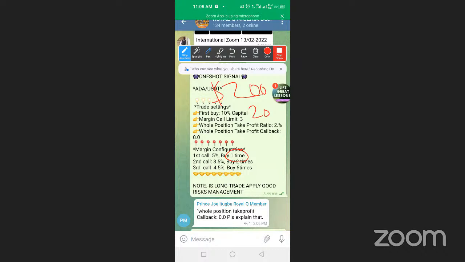Then it dropped 5%, it buys another $20. It dropped 3.5, it buys 2 times, so that will be $40. And then it drops by 4.5, it buys 6 times. Now the 6 times, that is 20 times 6, which is $120. Am I right?